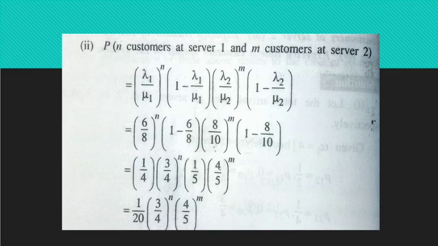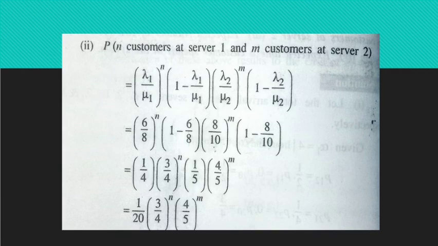Then we have to find the second: the probability that n customers at server 1 and m customers at server 2. We know in the single server model, P of n customers in the system is lambda by mu whole power n into 1 minus lambda by mu. So here we have two servers, two facilities with single servers.